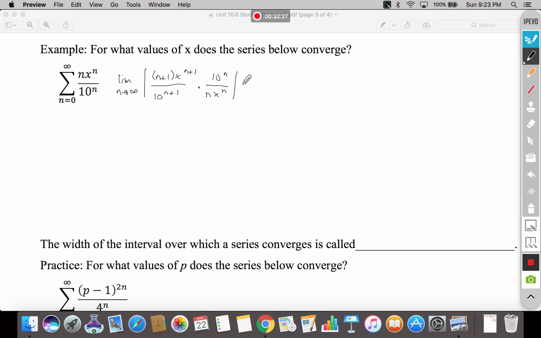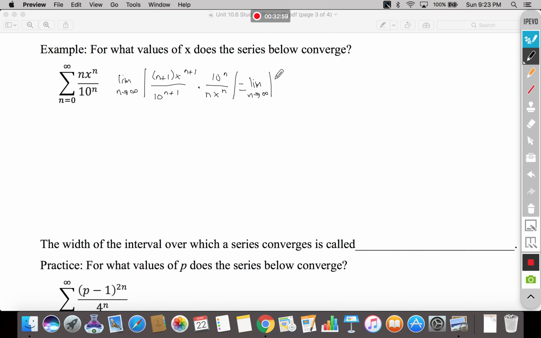All right. So let's see what cancels out. I see some 10 to the n and 10 to the n plus 1. The limit as n approaches infinity of the absolute value of, okay, 10 to the n plus 1, we'll lose the 10 to the n's and leave us with a 10 in the denominator. The x to the n plus 1, we'll lose the x to the n and leave us with an x up top. The n plus 1 will just stay.